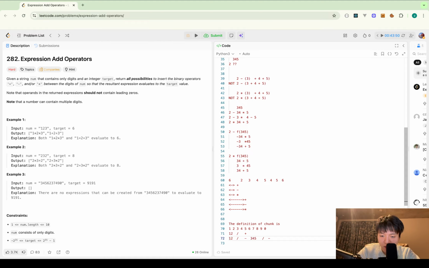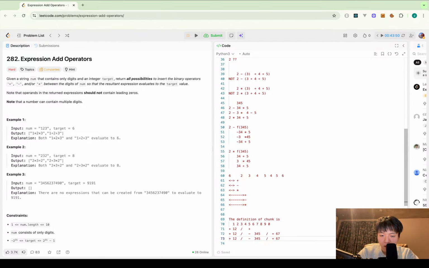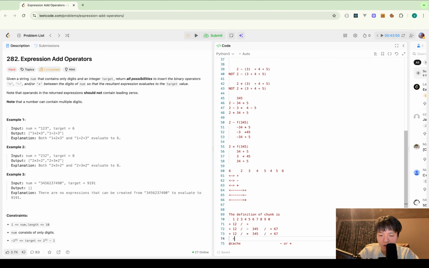And let's say if I use plus later, this can be the chunk. First, I can say this starts from plus. And if I use multiplication, the chunk continues.